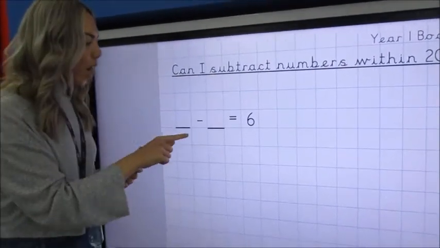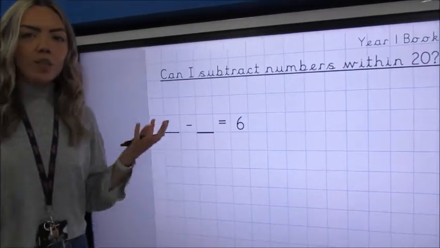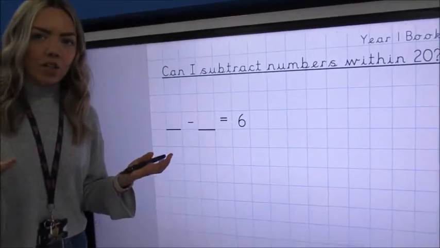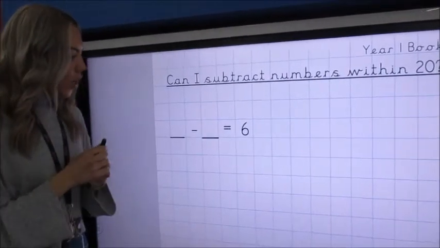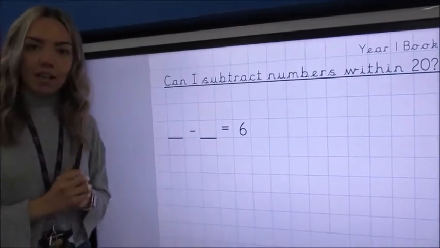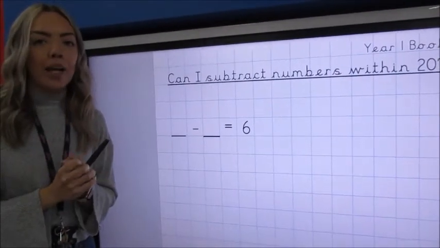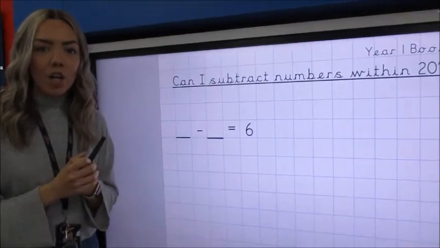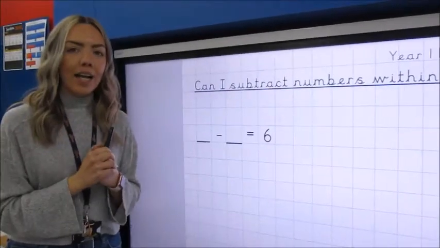So what do we know we must start with? It's got to be bigger, hasn't it? It's got to be a bigger number to begin with. But we've still got to take something away. So this is something that you can do where you can use trial and error. So you can try different numbers and see if you get the right answer.